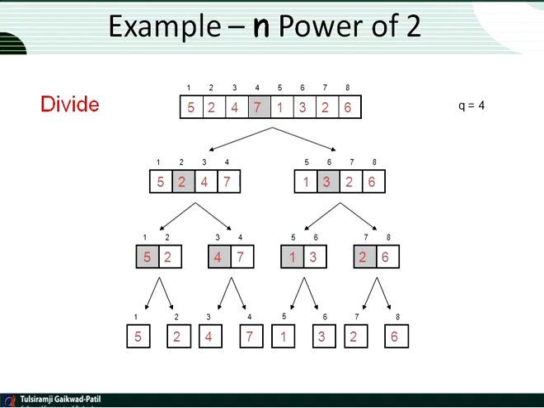Further division is needed, so each list of 4 is divided into 2. 5 2 4 7 is divided into the block 5 2 and the block 4 7. Similarly on the right side, 1 3 is one block and 2 6 is another. Again divisions are possible, so 5 2 is broken into 5 and 2 separately, and likewise 4 7, 1 3, 2 6.